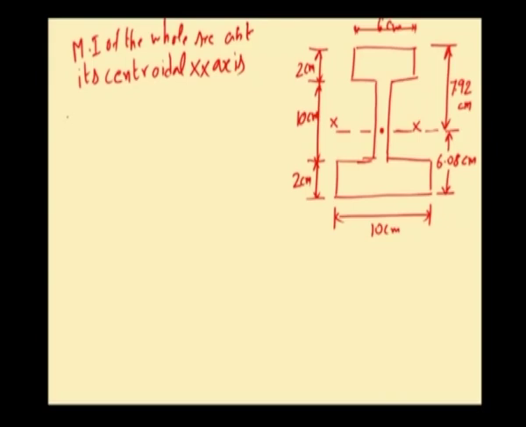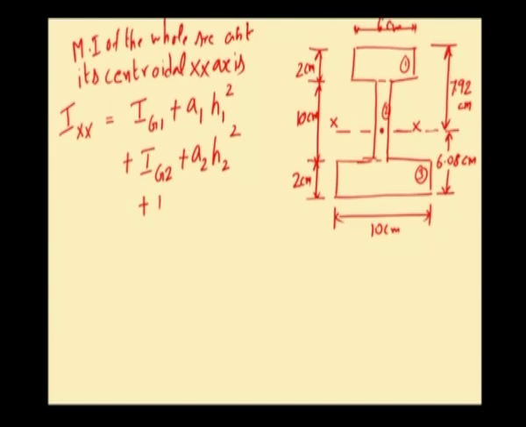Moment of inertia of this I section about its centroidal x axis Ixx will be equal to, here we have 3 areas. We are going to apply parallel axis theorem for the 3 areas, rectangle 1, rectangle 2 and rectangle 3. So, we will be getting Ig1 plus A1 H1 square plus Ig2 plus A2 H2 square plus Ig3 plus A3 H3 square.